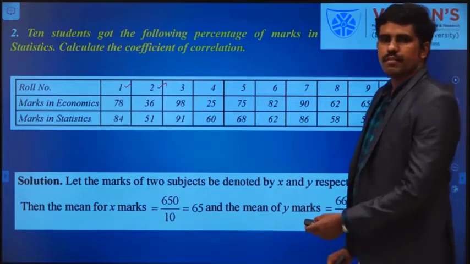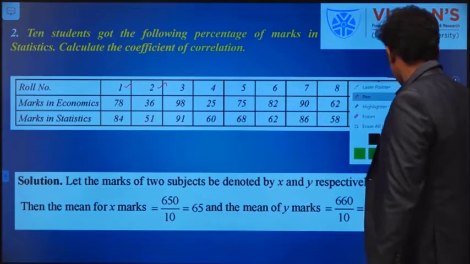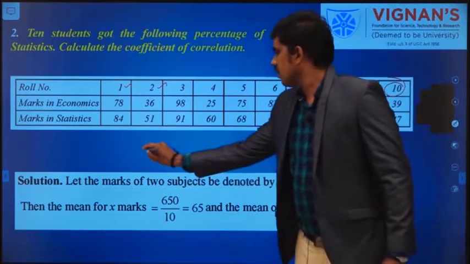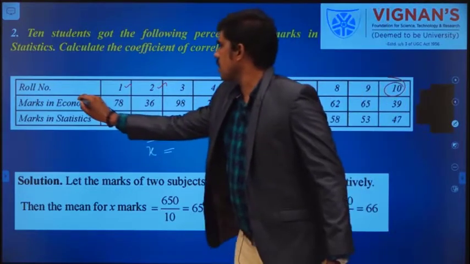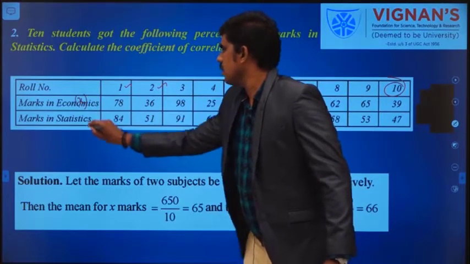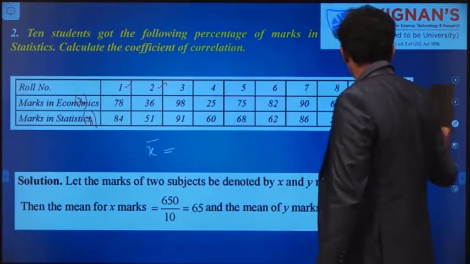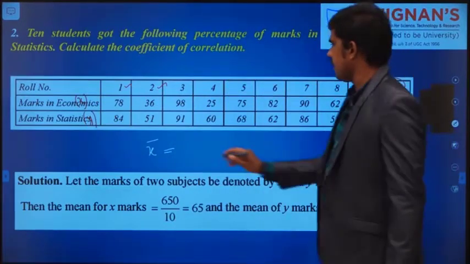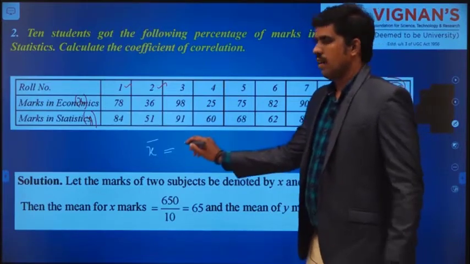So first, what do we have to do? We have to find the average, the normal arithmetic mean. I am considering marks in economics as variable x and marks in statistics as variable y. So first you find x bar. In the first unit we have done the arithmetic mean.